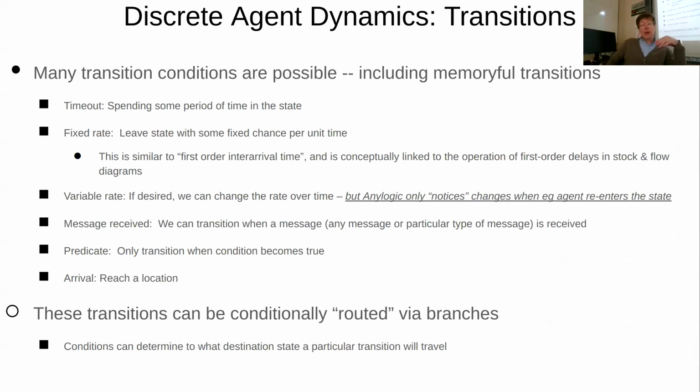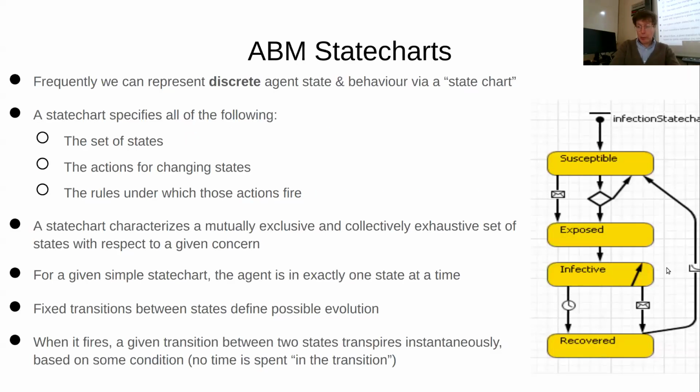By contrast, there's a variable rate, where the rate is changing based on how long you've been in that state, which you can realize if there's a transition which says you won't leave this state for exactly some amount of time via this transition.